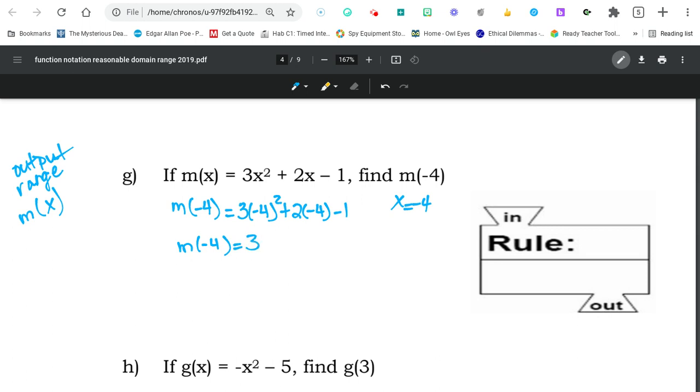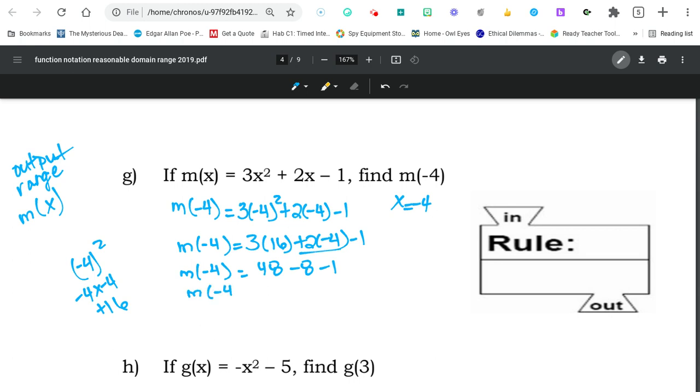Use PEMDAS, do the exponent first. Negative 4 squared is just negative 4 times negative 4, which is positive 16. Write the rest of this stuff back down. Multiply from left to right because there's no division. So you know what? 48. 2 times negative 4 is negative 8 minus 1.